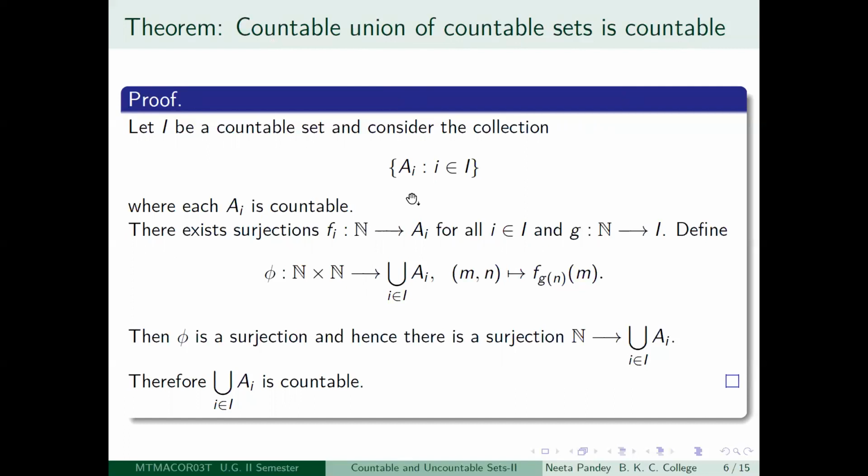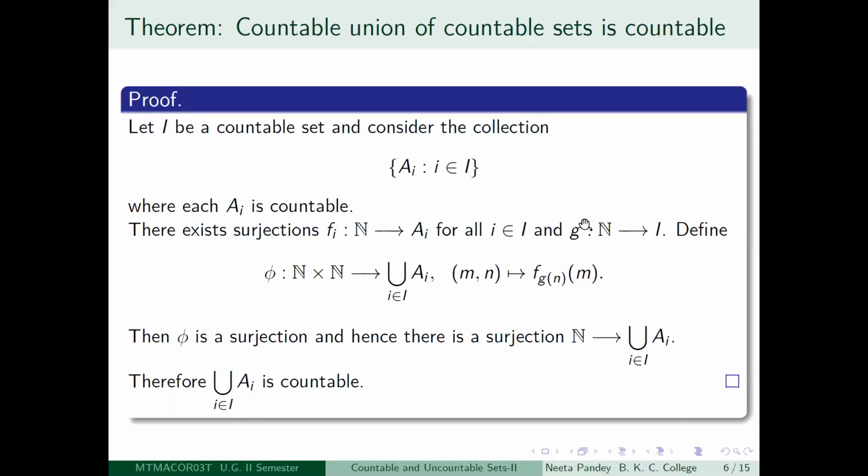First of all, notice that A_i is a countable set, so there is a surjective mapping f_i from the set of positive integers to A_i for every i. Again, capital I is a countable set. There are countably many of these, and that is determined by the index set capital I. The indexing is given by these subscripts.